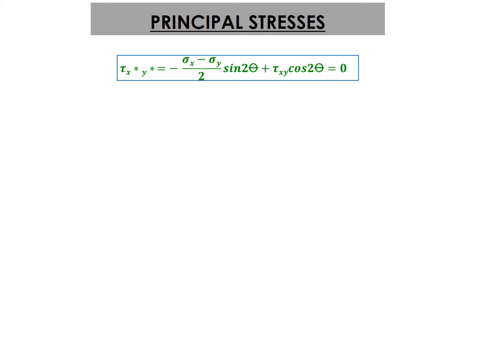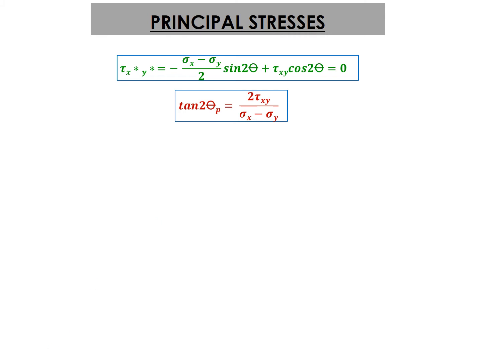At principal axis there is no shear stress, or we can say the shear stress is equal to zero, as shown on the slide. So if you put this shear stress equal to zero, what do we get? We get this formula. The P subscript has been used just to symbolize the principal axis. So determining the principal axis means finding this angle theta P.